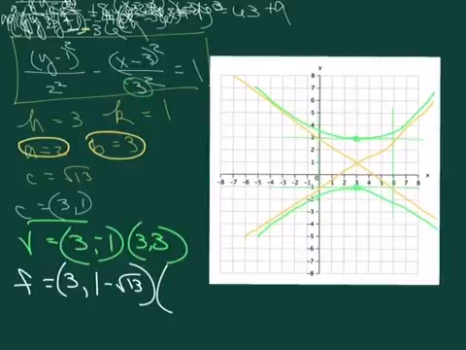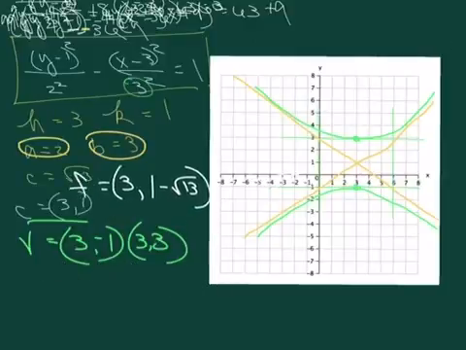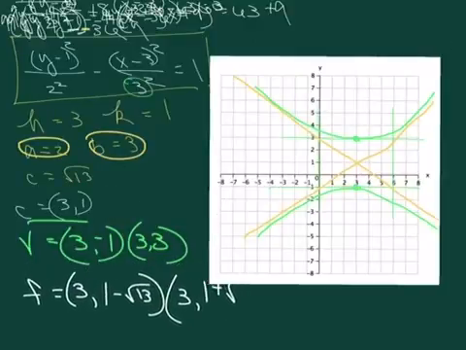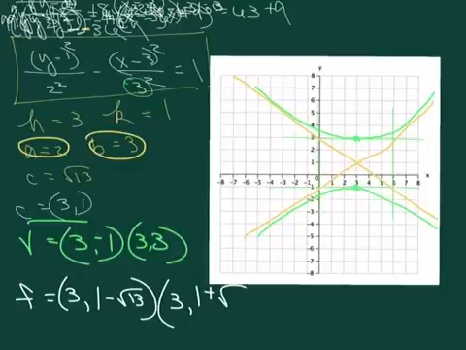And then the other focus is going to be whatever h is, k plus c, 1 plus the square root of 13. So, following that page on page 549, that should give you all the stuff you need.